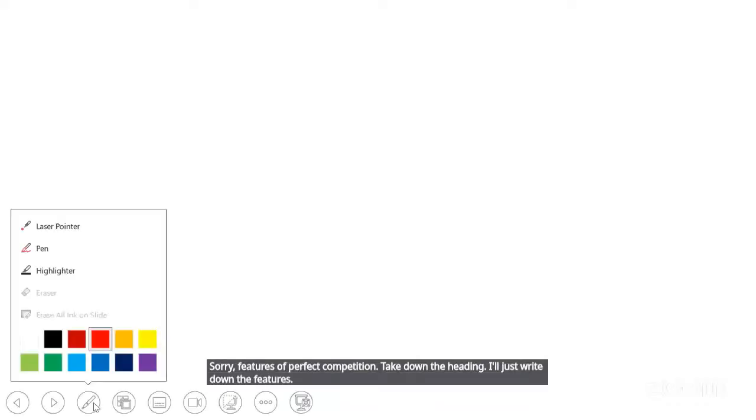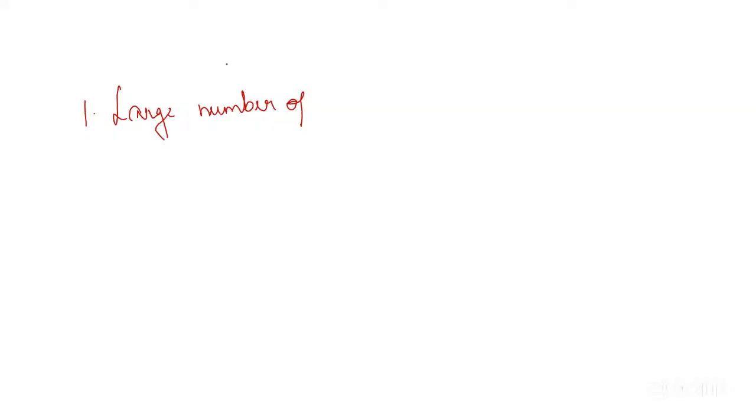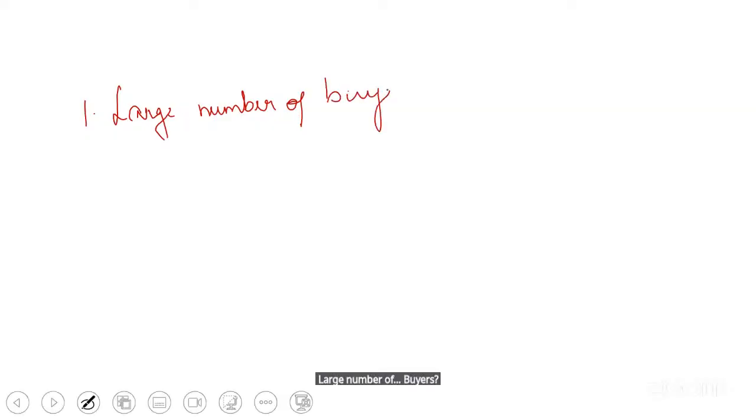First one, large number of buyers and sellers.